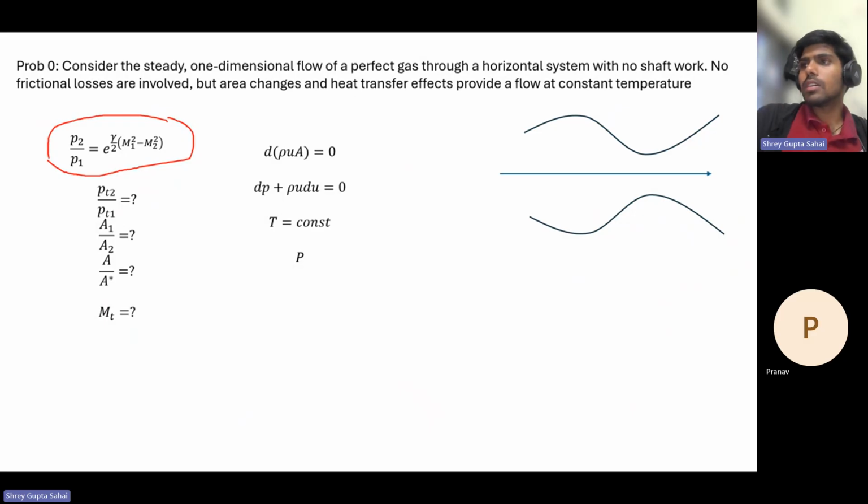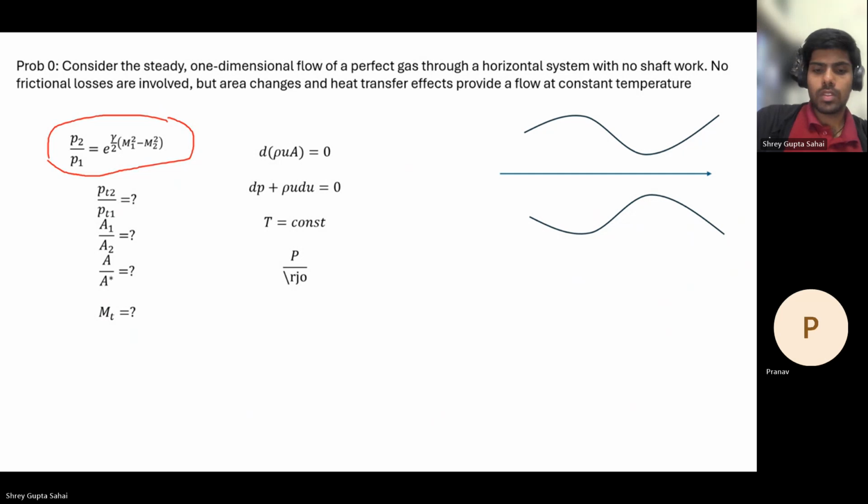So it's basically P by rho is a constant. And so what we have here is dP by P is equal to d rho by rho.